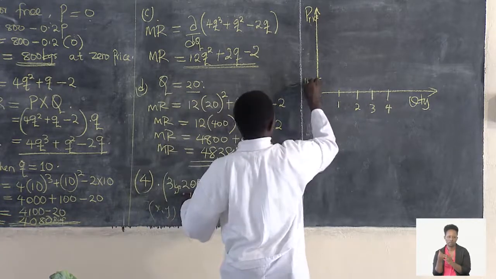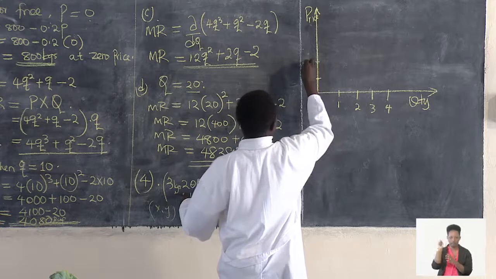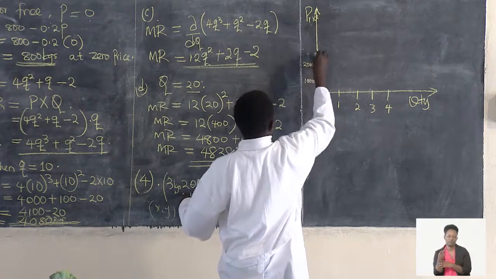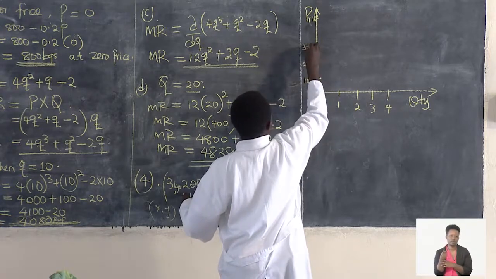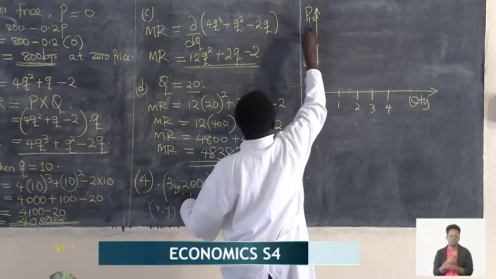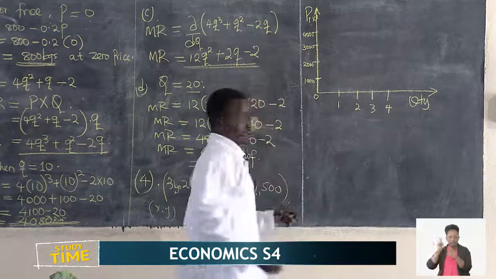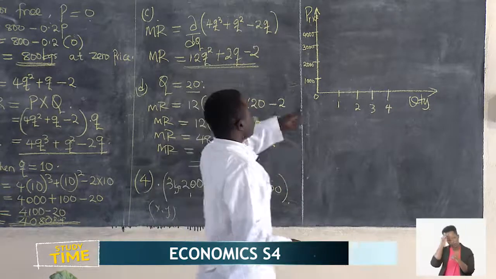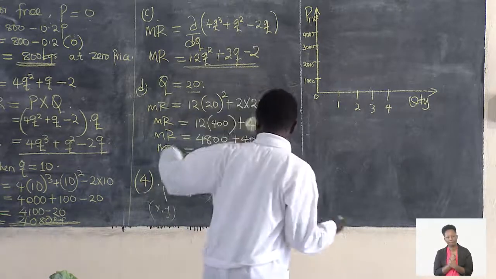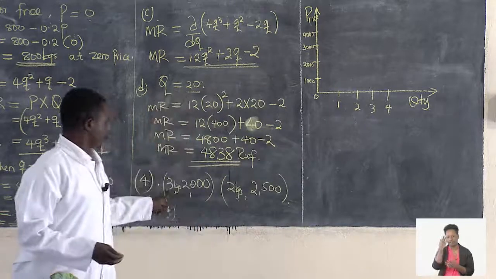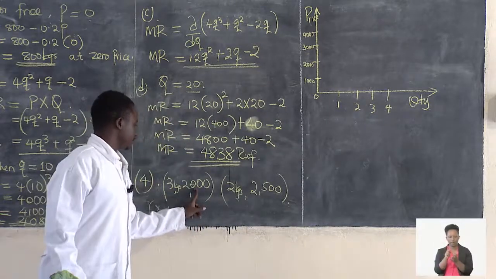We can use maybe 1,000, 2,000, 3,000, then 4,000. Then from our scale, we can plot 3 kilograms at 2,000 being the price.